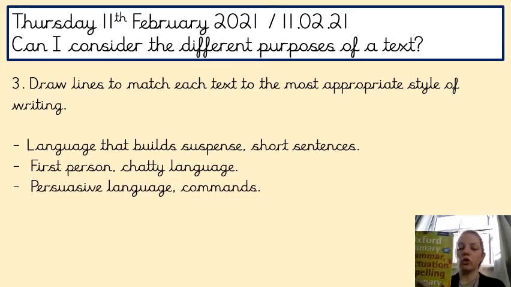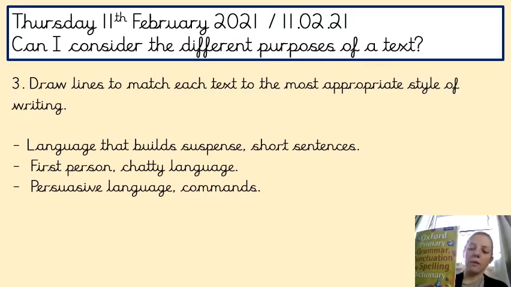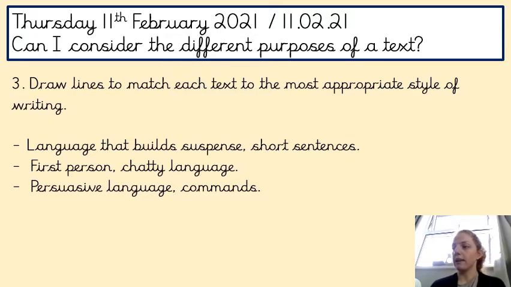So it's informing me. And the audience for this would perhaps be teachers, children, parents, because it's to help you to recognise the different rules around grammar, punctuation and spelling.